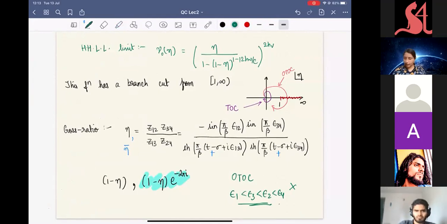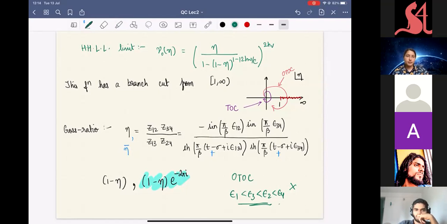What do you mean? You have only 2 sheets, no? Right, so it need not have only 2 sheets. It can have more sheets, but for the exponential decay that we are interested in, it's sufficient to look at just these 2 sheets, because the other sheets will give subleading corrections to the exponential decay.